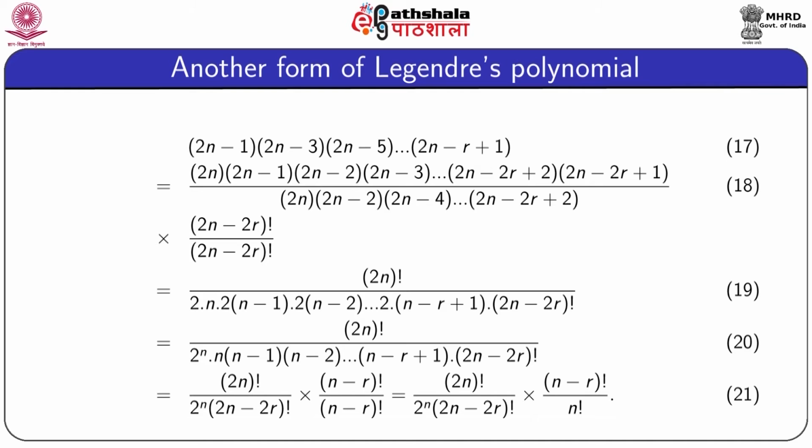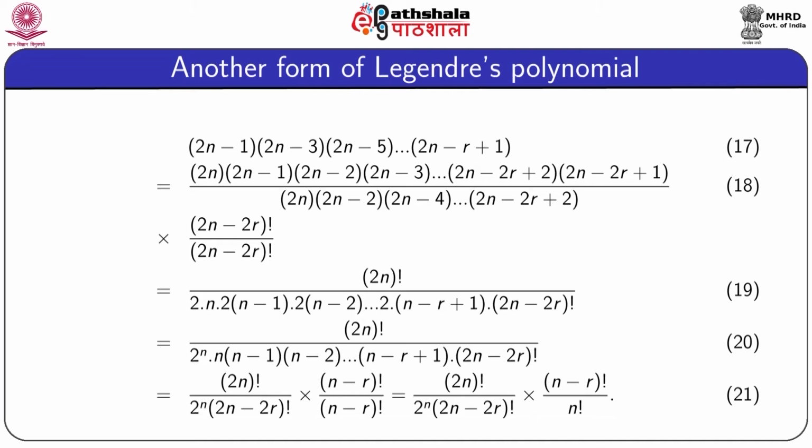If you do that, you get equation number 21, which is 2n factorial divided by 2.n, 2 into n minus 1, 2 into n minus 2 ... 2 into n minus r plus 1 into 2n minus 2r factorial.